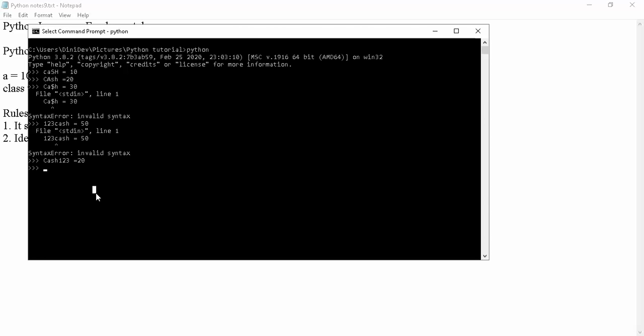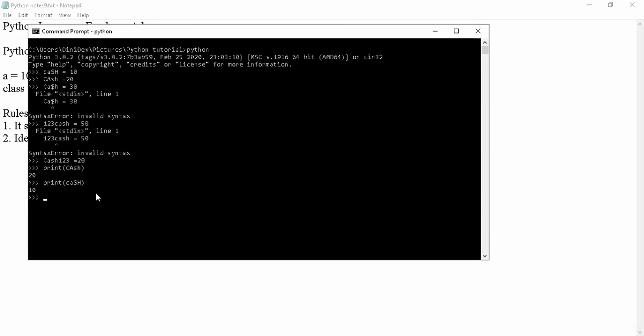So if I mention CASH equal to 20, and I mention cash with a capital SH equal to 10, they are different. Are you clear? Case sensitive.